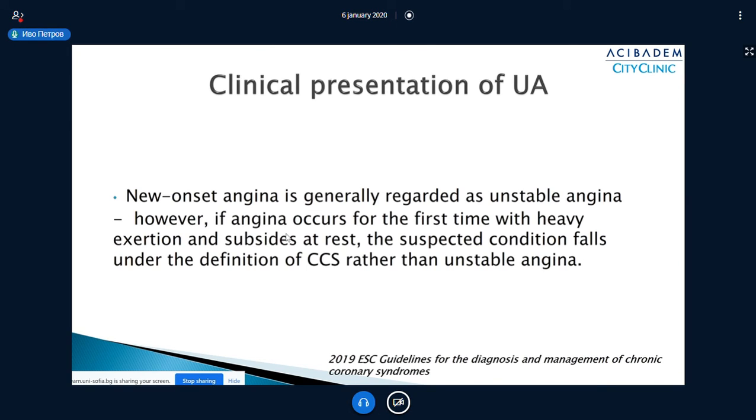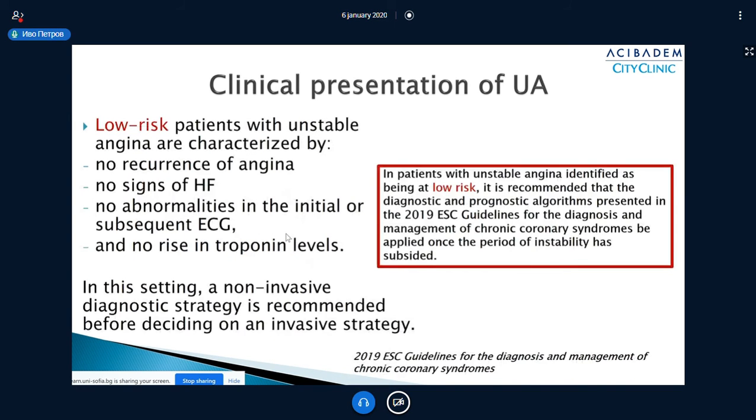In all cases in which the duration of the angina is longer, in which the periods without angina are shorter, in a situation in which the angina is appearing with lower exertion or lower exercise, all these characteristics are typical of stable angina that is already destabilized. So this is the so-called crescendo angina. In case we have crescendo angina, we definitely have the characteristics of unstable angina already.